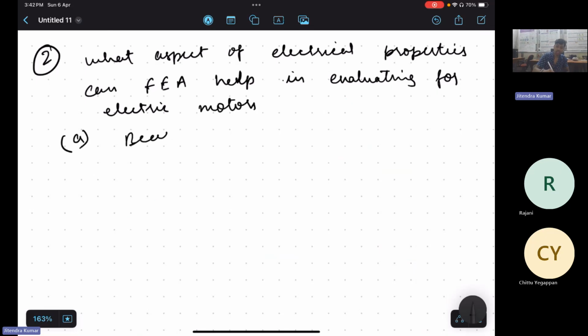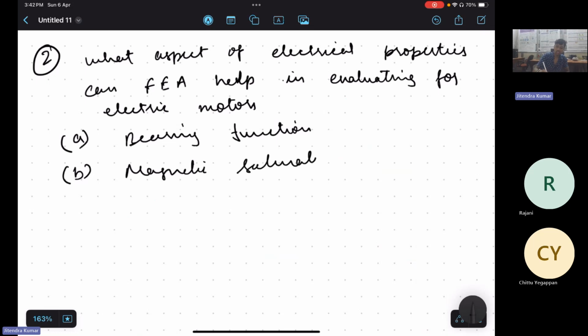Option A is bearing function, option B magnetic saturation, option C gear ratios, option D power consumption.